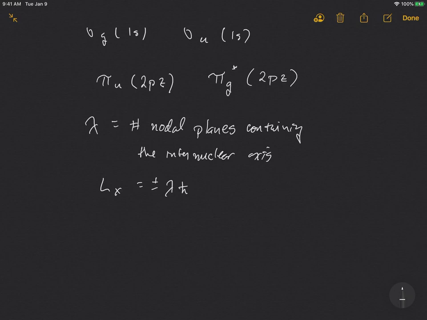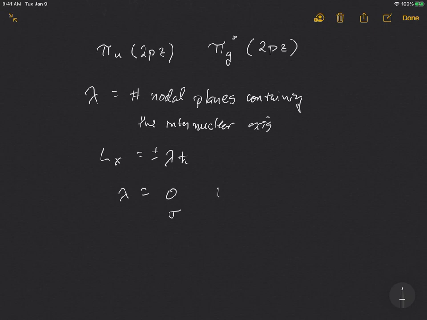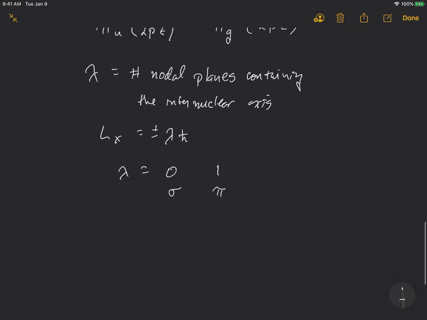And our scheme is that when lambda is 0, we call that sigma. If lambda is 1, then pi. And if lambda is 2, then we have a delta orbital.